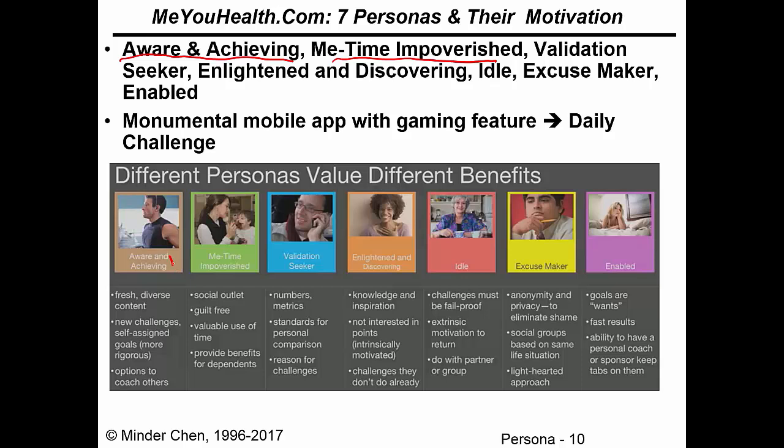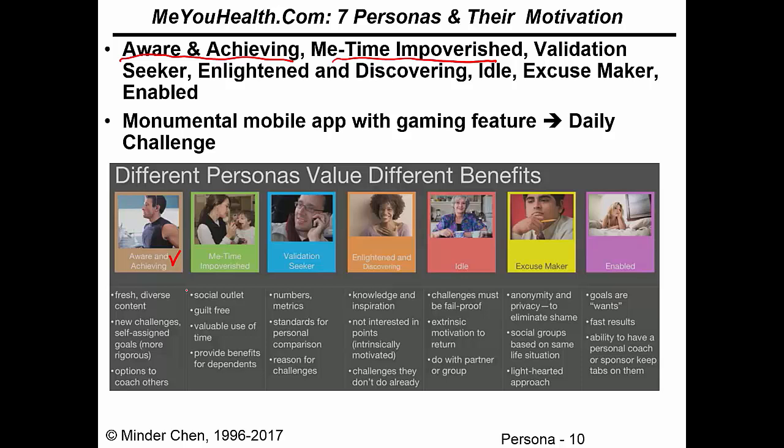Aware and achieving are people who are very health conscious, go to the gym all the time and exercise, etc. So they're aware that health is important. They are kind of overachievers in this regard. The second, me time impoverished, is like a mom with little kids, who doesn't have time to herself but does want to keep up with some healthy exercise.